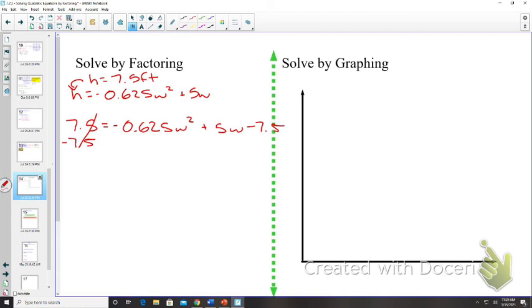So 0 equals negative 0.625 times w squared, 5 divided by 0.625 is negative 8w, and negative 7.5 divided by negative 0.625 is positive 12.